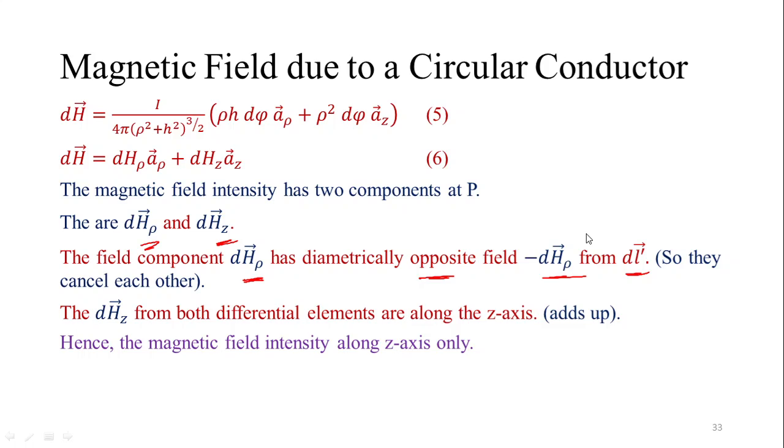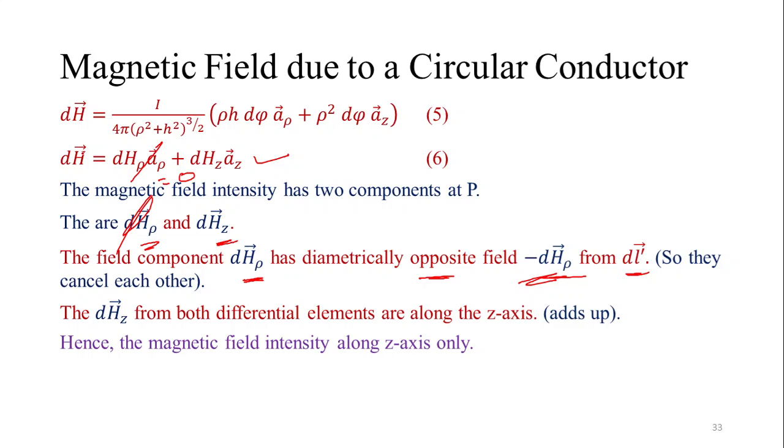Okay, so this component dH rho simply vanishes due to minus dH rho from dl dash. So the dH will have only the az component, this one simply becomes 0.